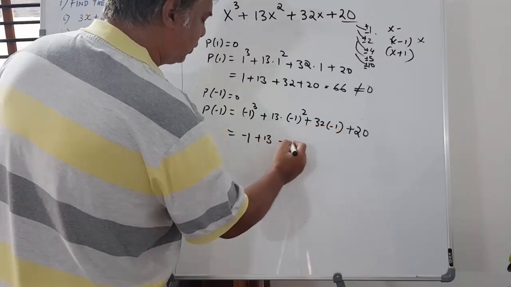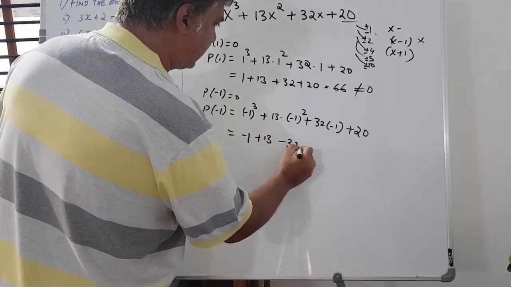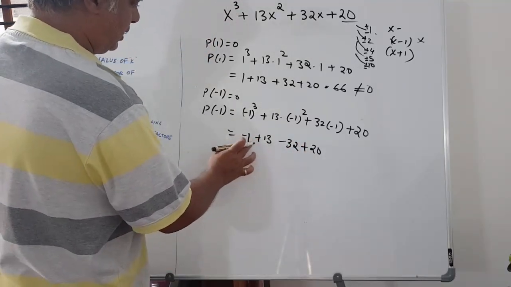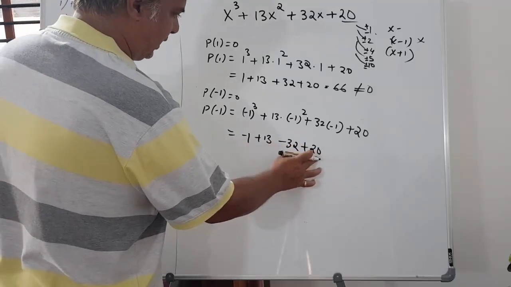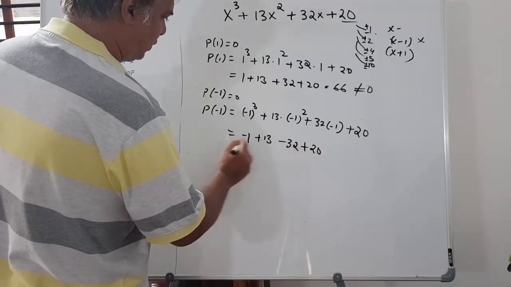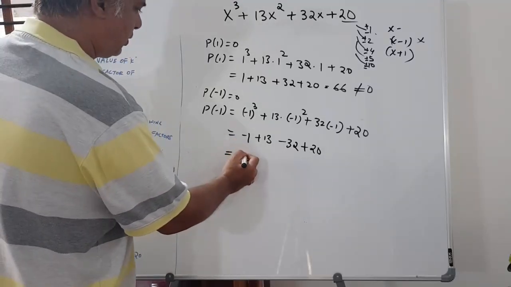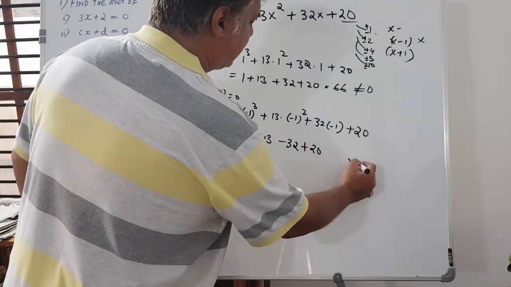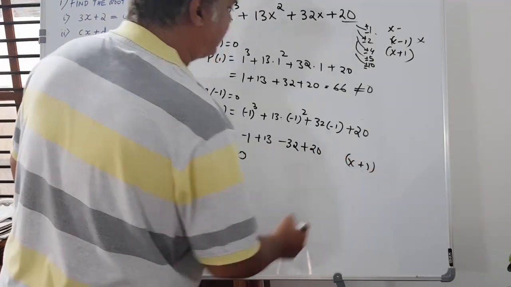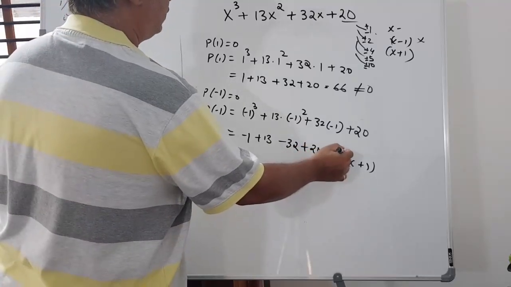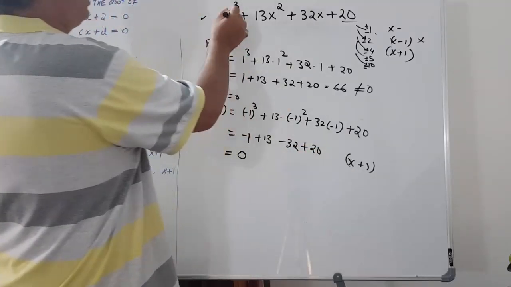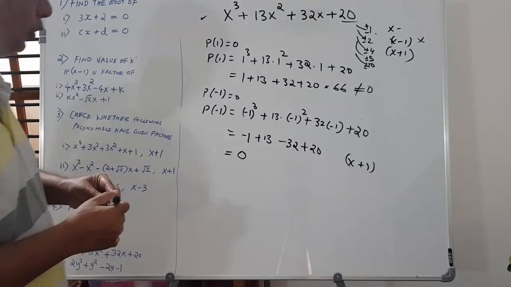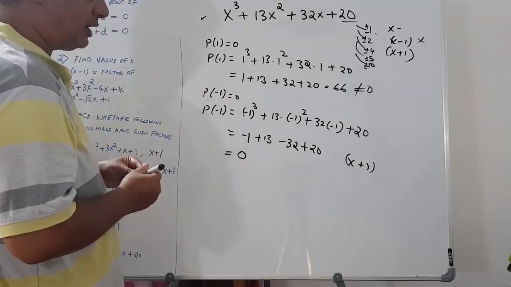Here you get minus 32, and here you get plus 20. So 13 minus 1 is 12, 12 plus 20 is 32, minus 32 you get 0. So definitely x plus 1 is a factor of our original equation.